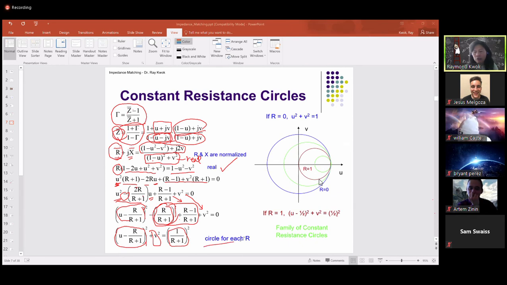That's my circle equation. Remember circle equations? No, you don't. So x squared plus y squared is equal to r squared, right? R is the radius. That's the circle, right?